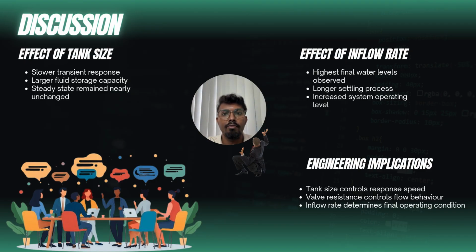For the higher inflow case, increasing the inlet flow caused both tank 1 and tank 2 to reach higher final water levels. The system also required a longer time to stabilize because more incoming fluid needed to be balanced by the outlet flow. Overall, these results demonstrate that tank size influences transition behavior, valve resistance controls water transfer, and inflow rate has the greatest effect on the final operating levels.